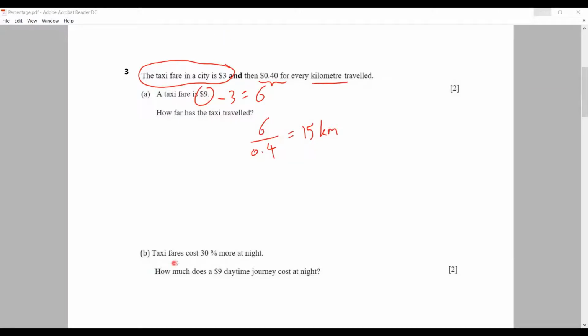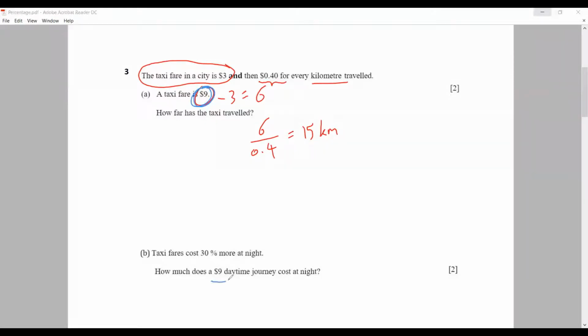Part B. Taxi fares cost 30% more at night. How much does a $9 daytime journey cost at night? The journey is the same, meaning we still want to travel 15 kilometers. This $3 charge is there as well. Nothing has changed. It's just that they charge you 30% more of whatever they charge you during the daytime. So this journey costs us $9 during the day.